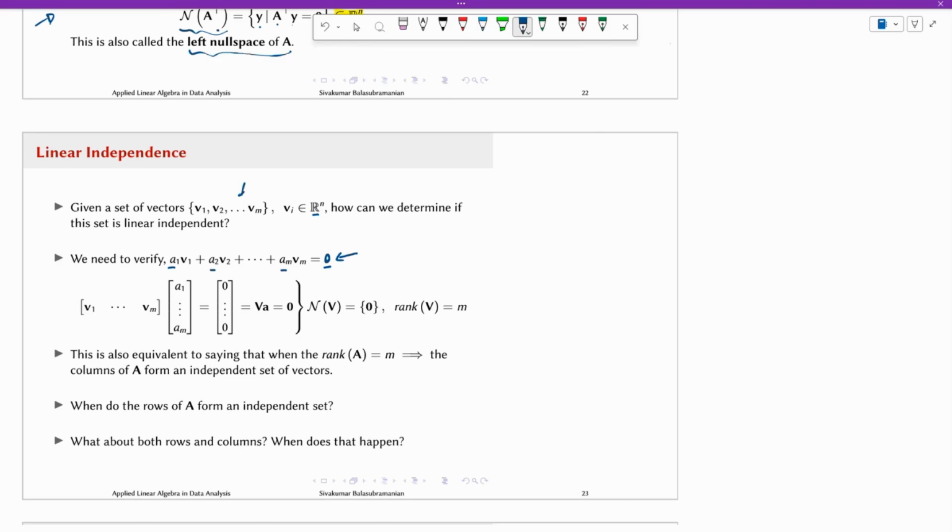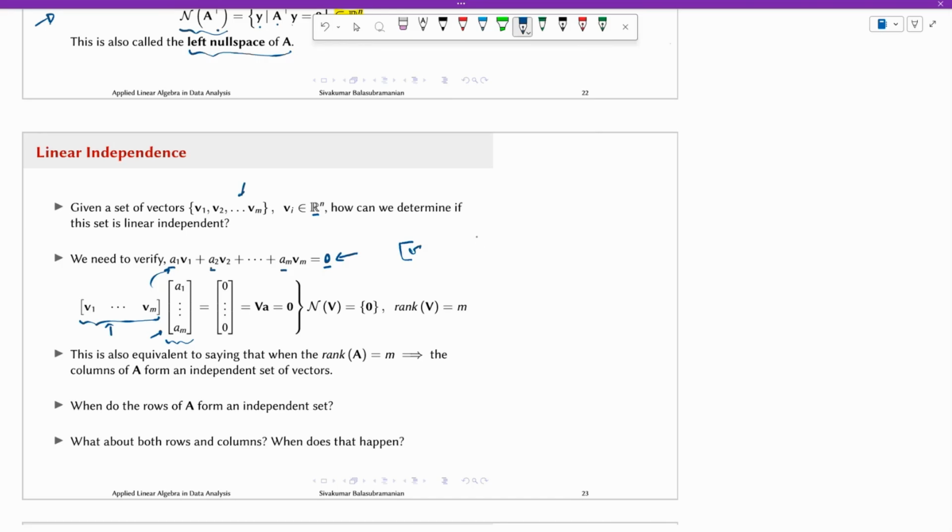That is equivalent to saying, well, I will form a matrix like this, but the columns are all the vectors that I'm interested in, or the set of vectors that I'm trying to investigate. And the scalars that I have, a1 to am, I can put them as a column vector, and this matrix multiplied by this column vector is essentially this, because a matrix post multiplied by a column vector is essentially you're taking the linear combination of the columns.